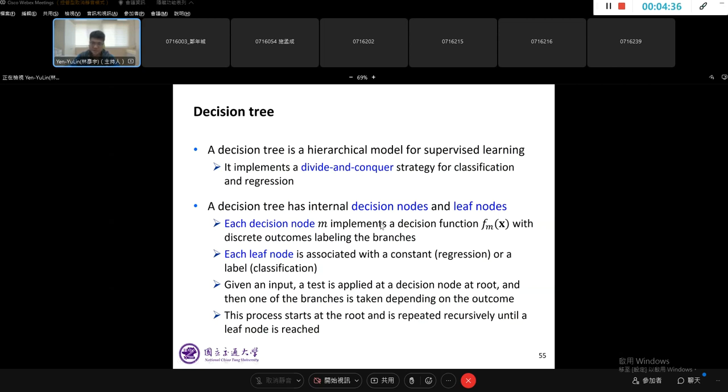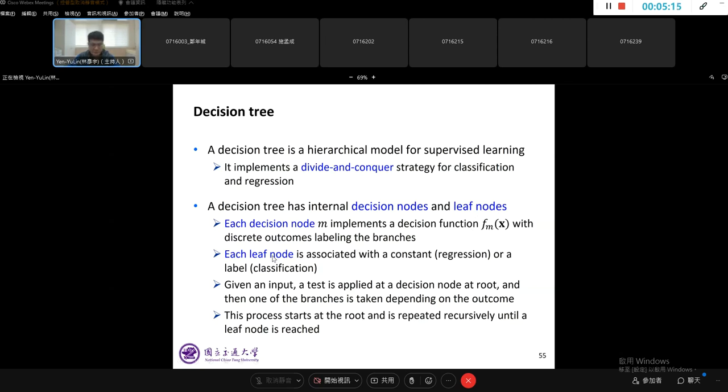In other words, f_m is used to divide the data points reaching node M into several subsets, and each subset is used to construct a specific branch. So there are two or more branches associated with each decision node. And the number of branches and the decision boundary are controlled by this decision function.